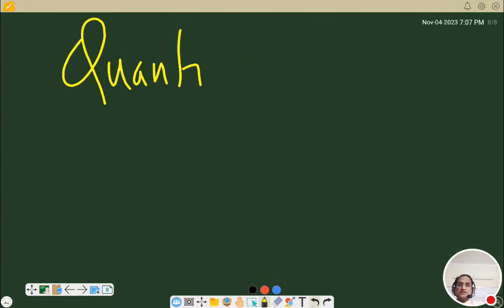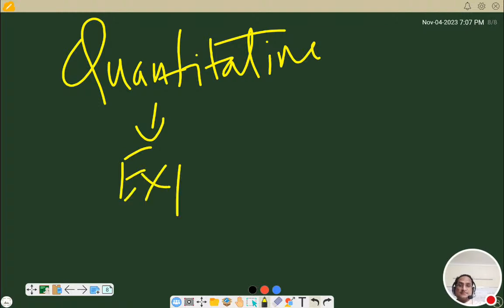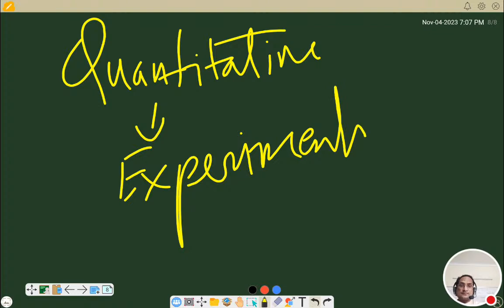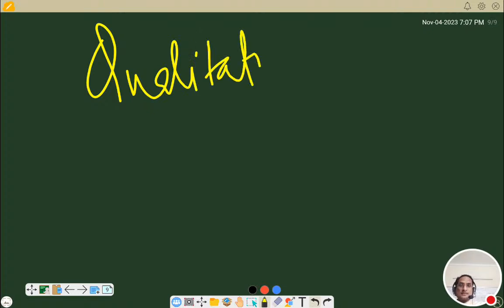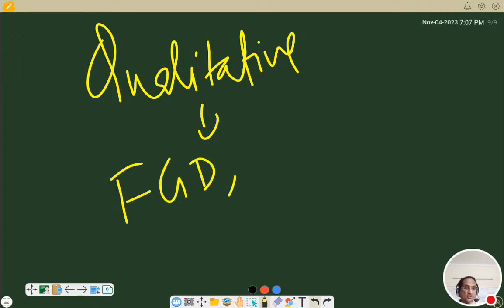Quantitative method means that we have experiments. Qualitative means studies like focus group discussion, brainstorming and grounded theory approach, which we have seen recently.